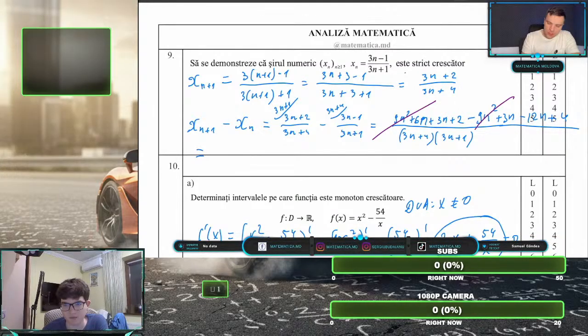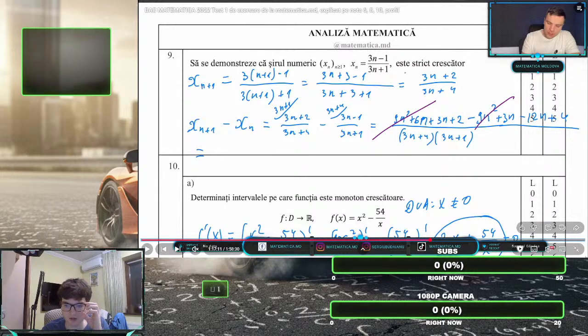The signs change, because of the minus up front, and you do that.